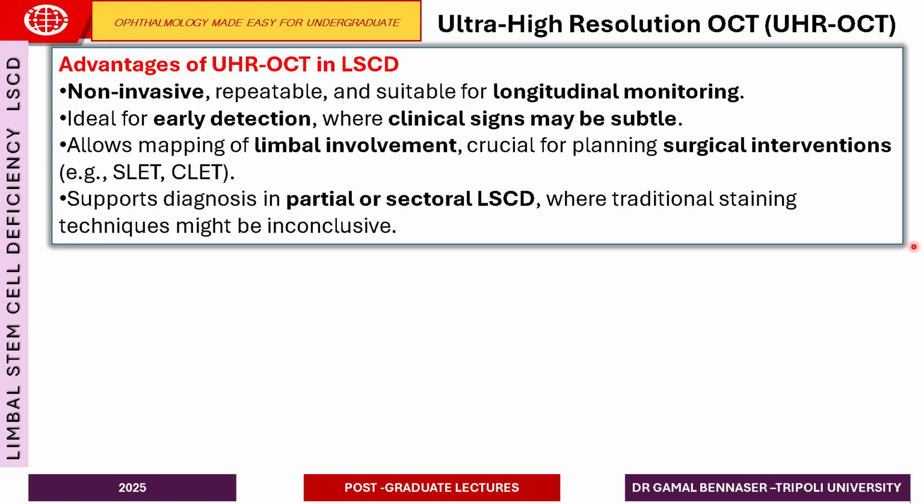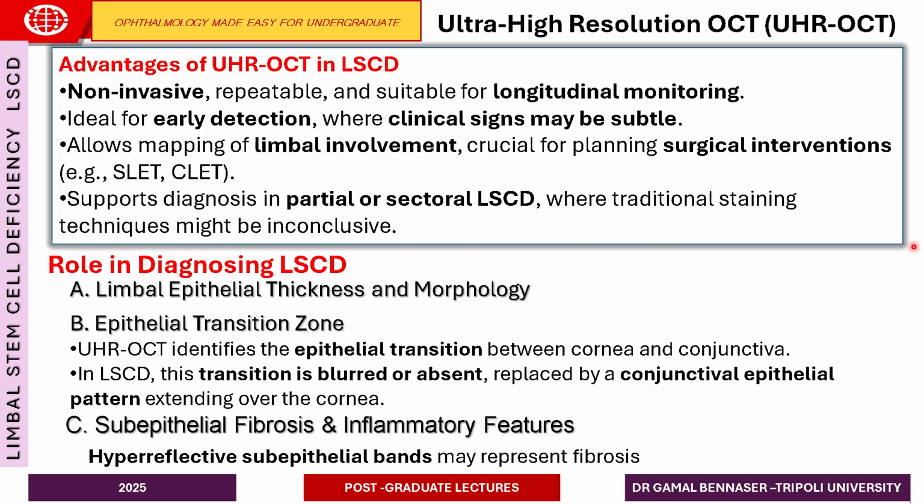And this is far superior to the standard anterior segment OCT, which provides a resolution between 5 and 10 microns. This makes the technique very suitable for long-term assessment because it is non-invasive, non-contact, and provides a detailed histological appearance of the cornea, limbus, and the conjunctiva. And that's why it is named an optical biopsy.